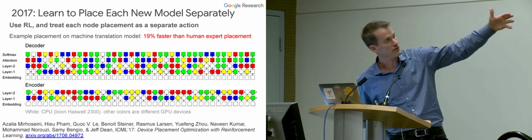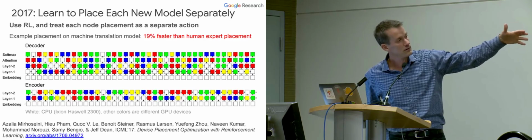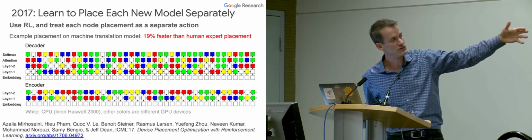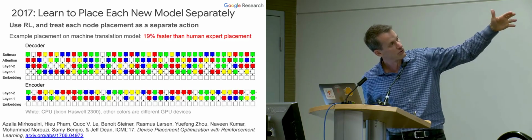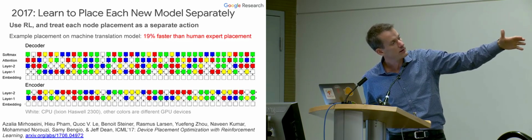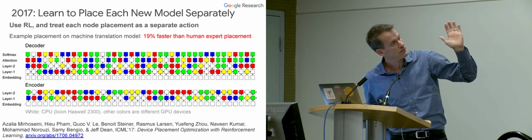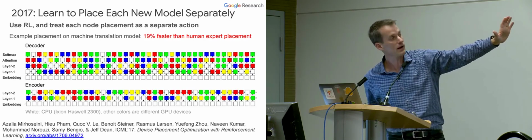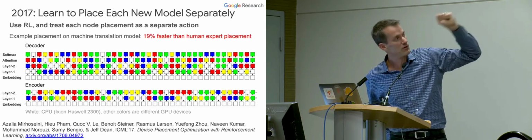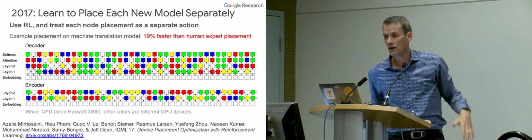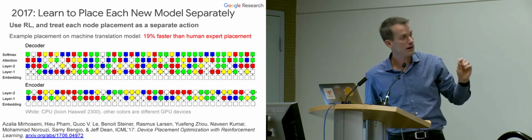So this is in 2017, we did some early work in this, and this is a language model, machine translation style encoder-decoder model where we had 4 GPU cards and the host CPU. What you can see is that for this LSTM that was unrolled in time, the kind of straightforward human expert placement would be to just place each layer on a different GPU card and then pipeline the computation forward in time.